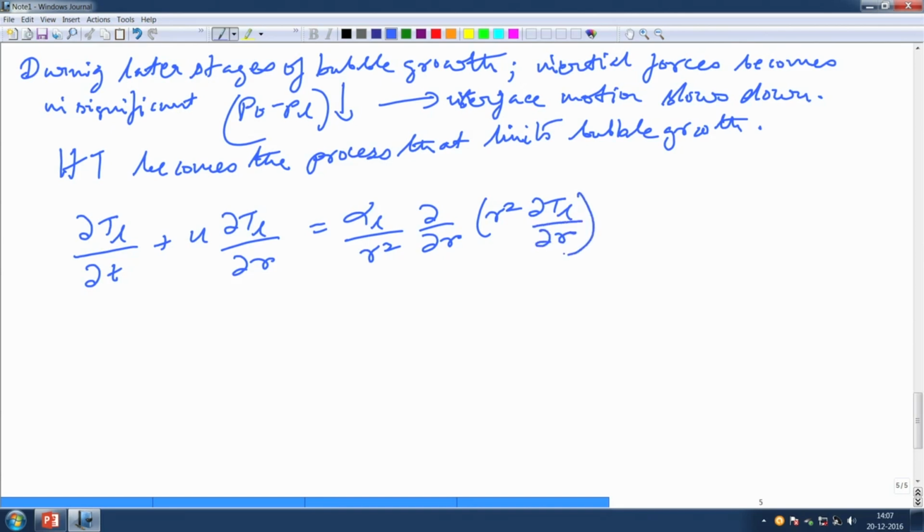Got it. This U is the same radial velocity that we got earlier, right.